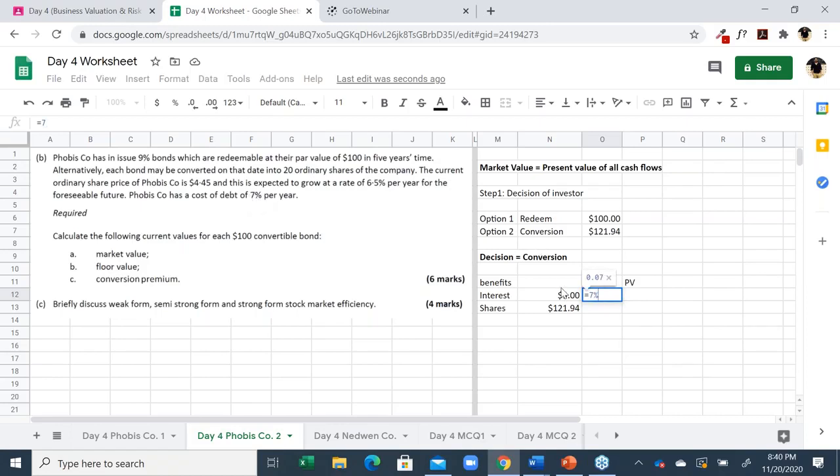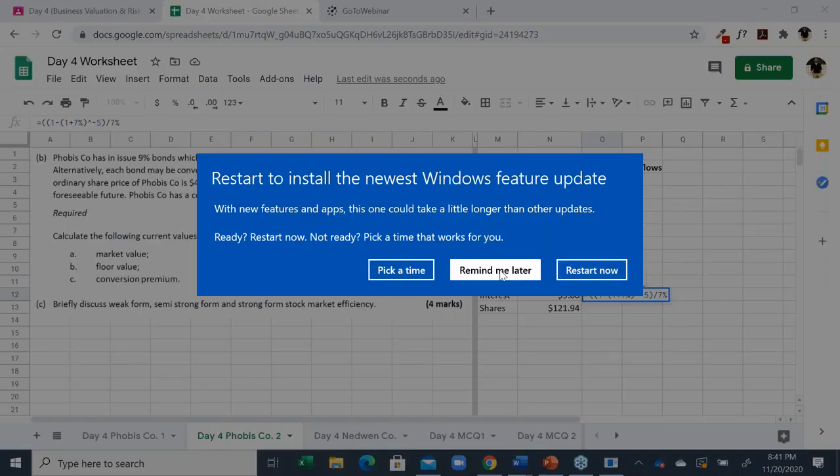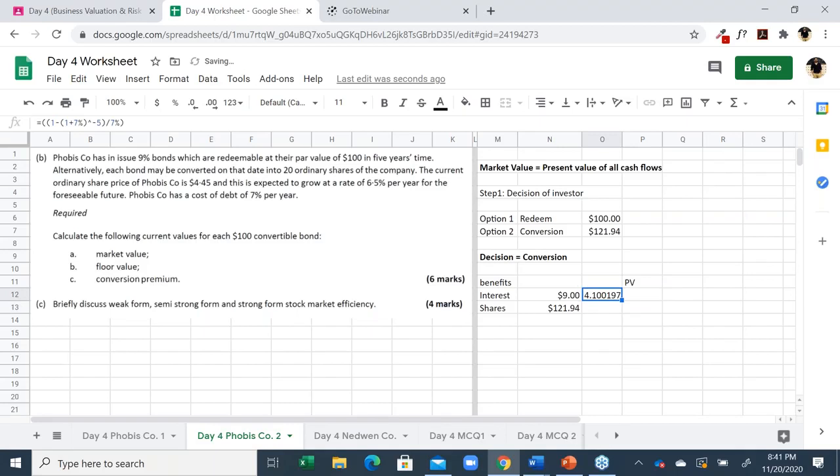The formula for calculating the annuity factor is 1 minus (1 plus 7%) raised to the power minus 5, and the whole divided by 7%. So it's 4.0, and let's multiply it, and it's 36.9.